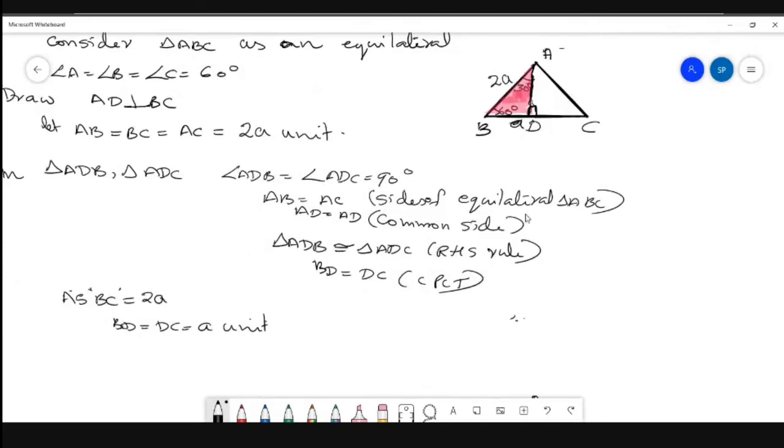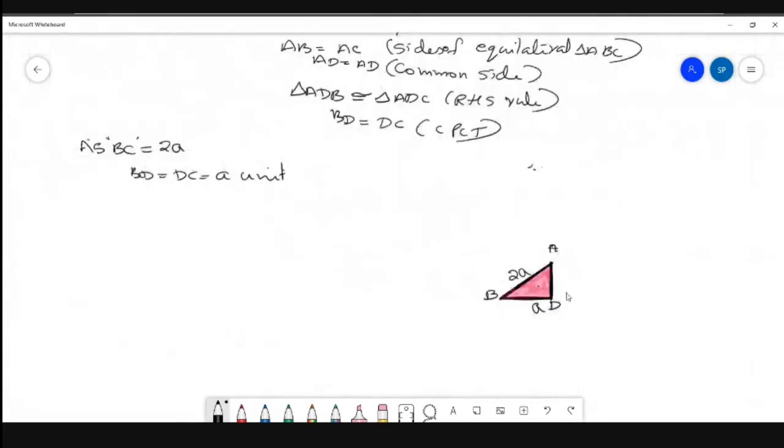Now for finding the values with respect to 30 degrees and 60 degrees, let us take this small triangle ADB. In triangle ADB, we get angle B equal to 60 degrees and angle BAD equal to 30 degrees. Okay.